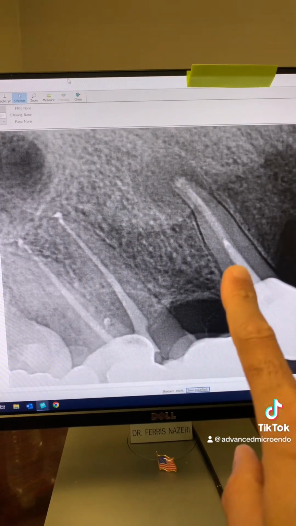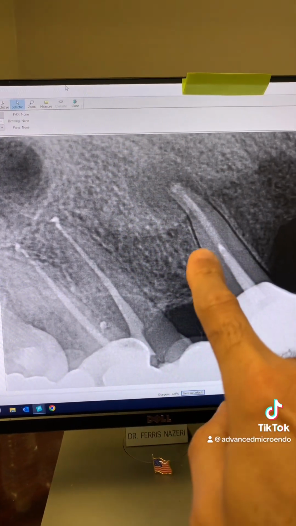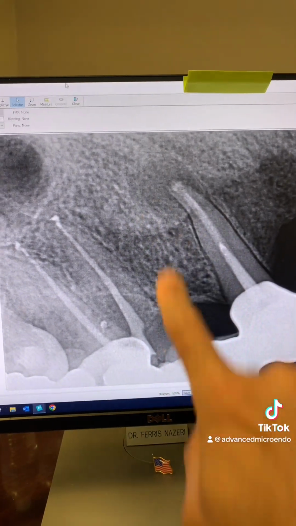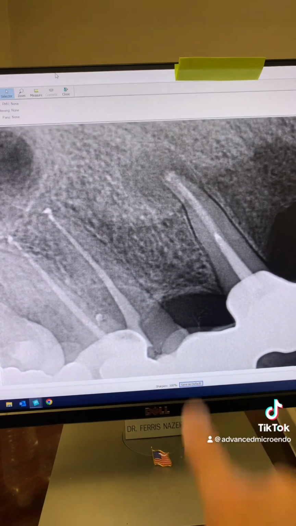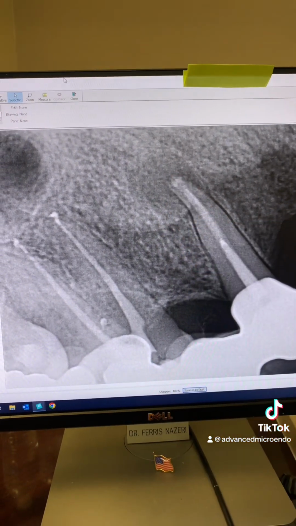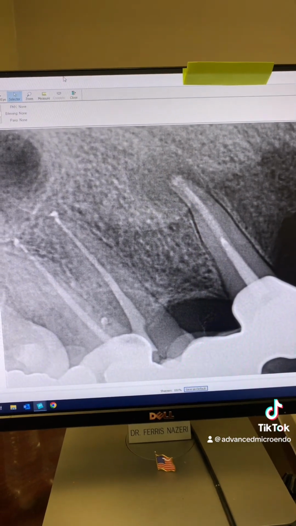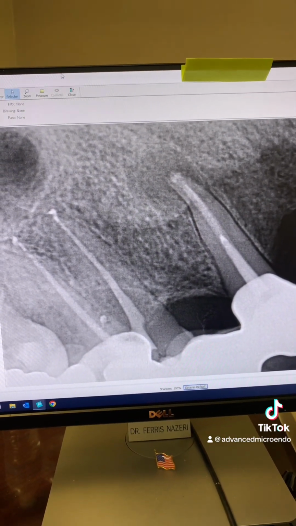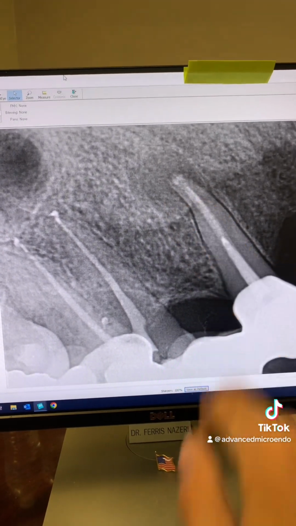And also, just in case later on we need to do an apical surgery on this tooth number 7, the apical surgery will be much easier because we will not need to do the retrograde obturation, since we already have MTA there.